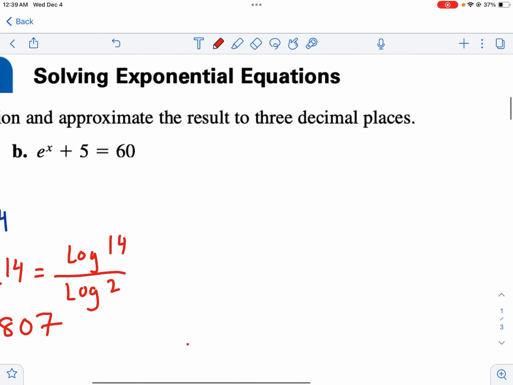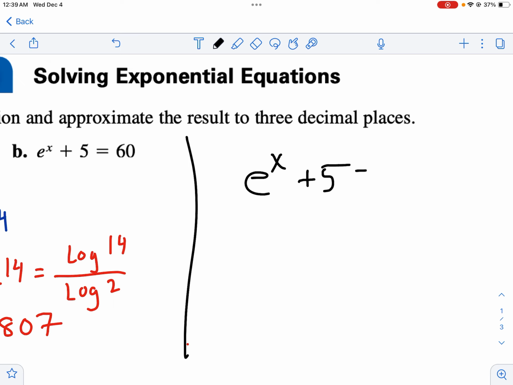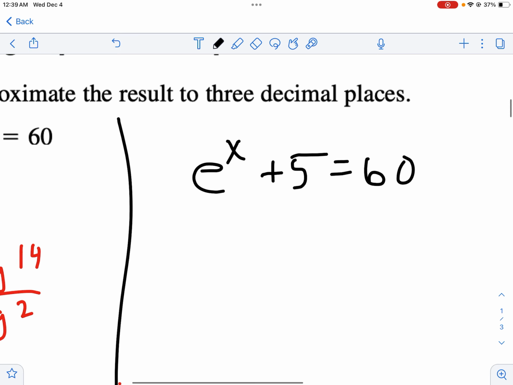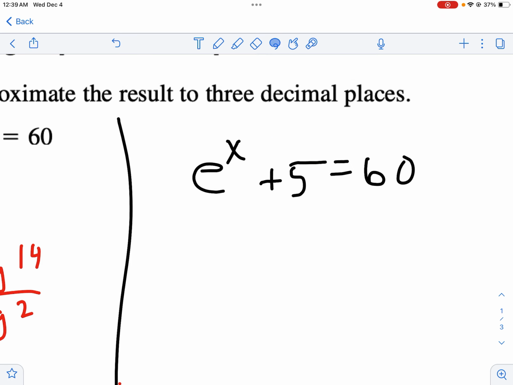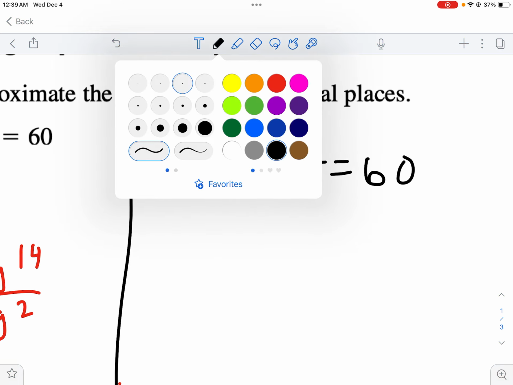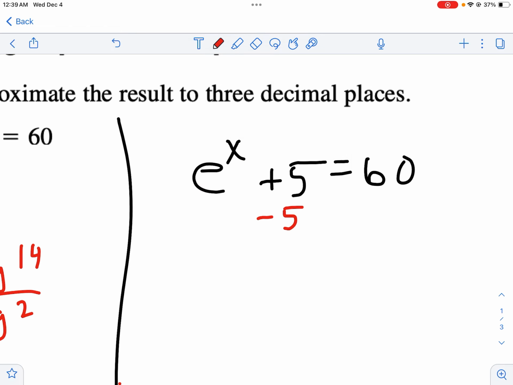For B, e to the x plus 5 is equal to 60. So this 5 is not with the x. This 5 is down here in the non-exponential plane. So let's get rid of that 5 first. So I have e to the x is equal to 55.